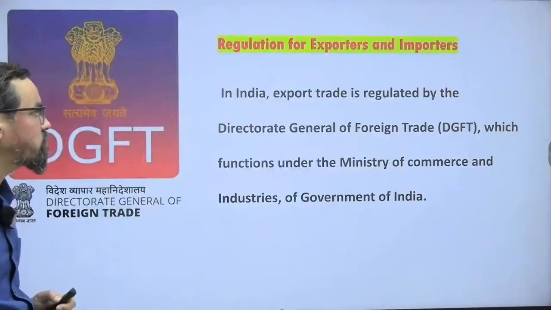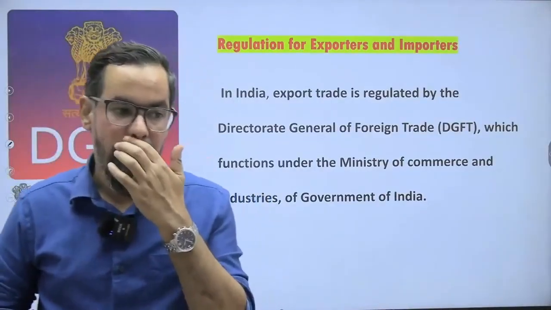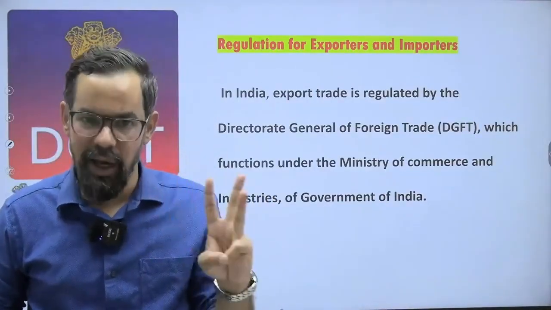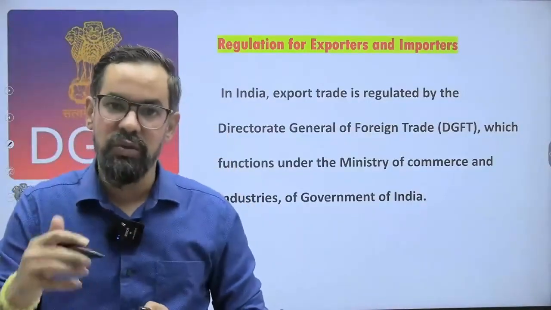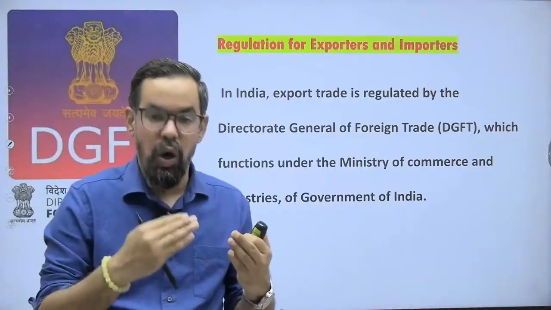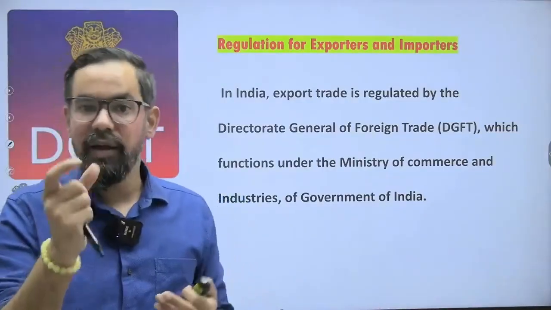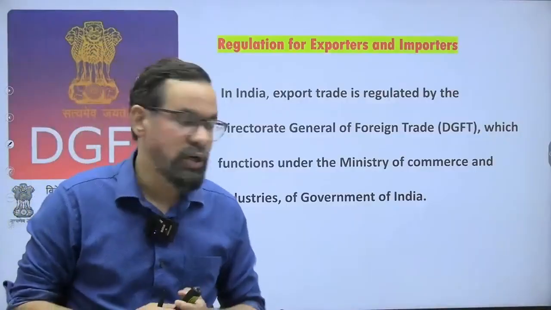So regulations, if it comes to the regulations, we have three major ministries. Okay? But if you talk about the institutions, we have RBI, who generally take care of the currency things or the documentation parts, and the trade policies are generally decided by the DGFT, okay? Director General of Foreign Trade. Okay?